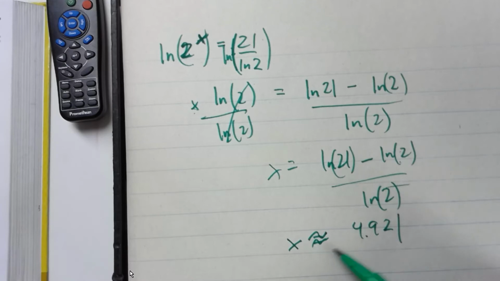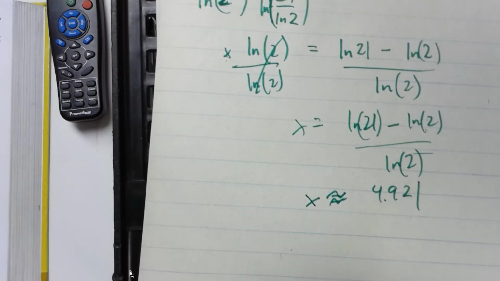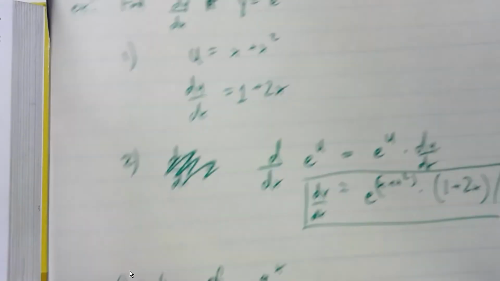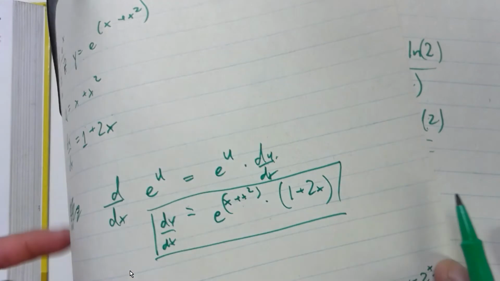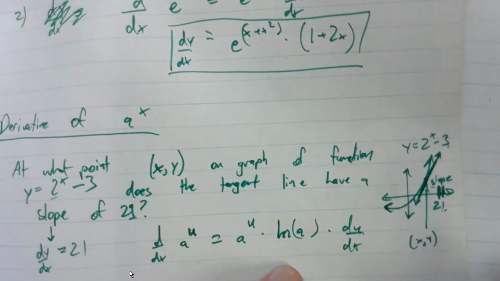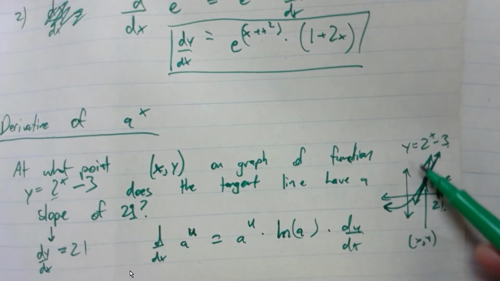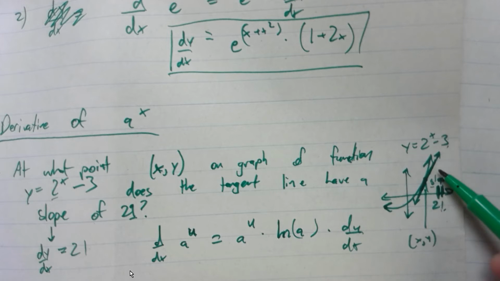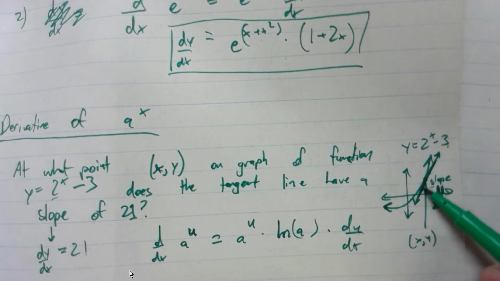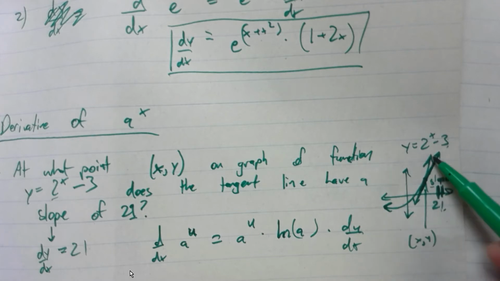To find the point, let's go back to the very original problem. I'm trying to find the point on the original graph, which has the equation y equals 2 to the x minus 3. Even though I used the slope, the derivative dy over dx of this, and set it equal to 21, the derivative of this was, what is it?